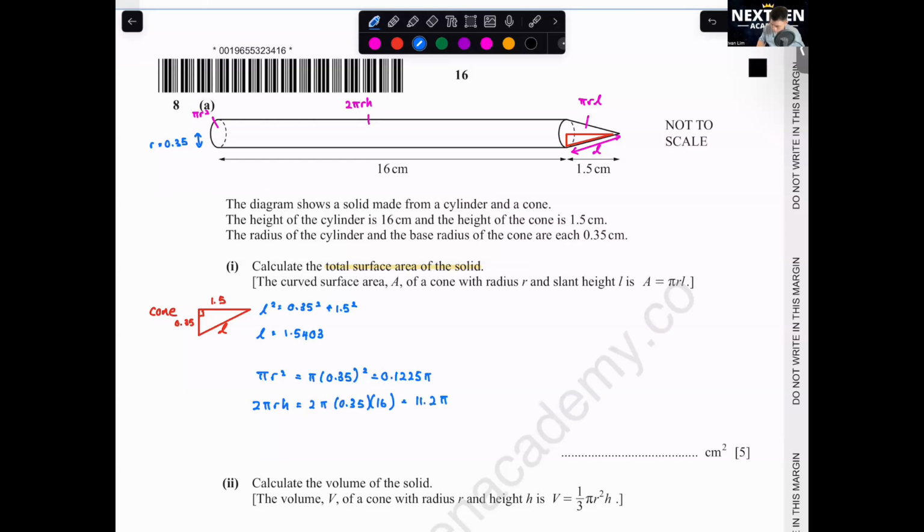Then the cone, which is pi r l: pi times 0.35 times 1.5403 gives 0.539 pi. I rounded it also. So total, you add it all up together: 0.1225 pi plus 11.2 pi plus 0.539 pi.